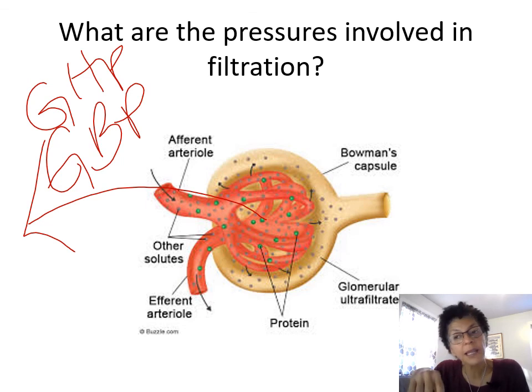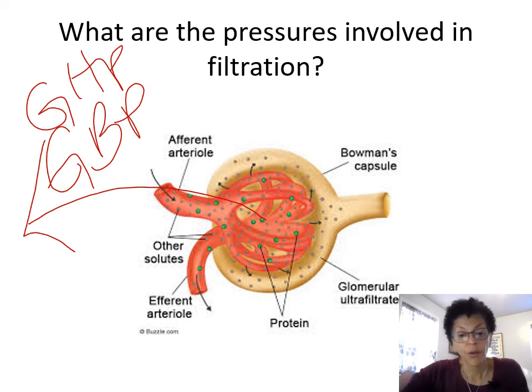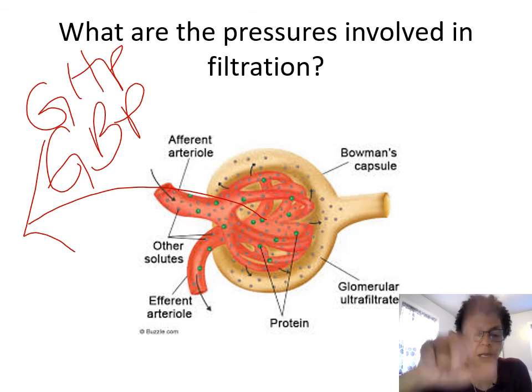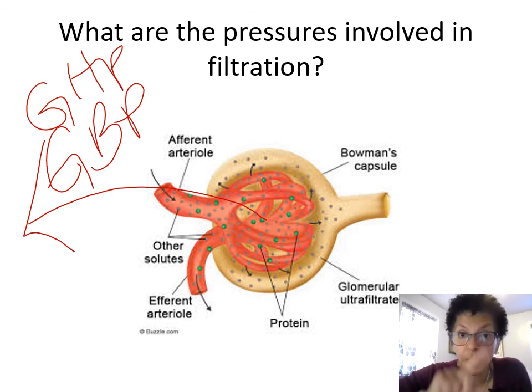So if you change your glomerular blood pressure, the pressure pushing out, you'll change the pressure gradient, net filtration pressure. And if you change the net filtration pressure, you will change the speed at which you filter, or the glomerular filtration rate. So there's one pressure pushing out that we can change, and we do constantly change it.